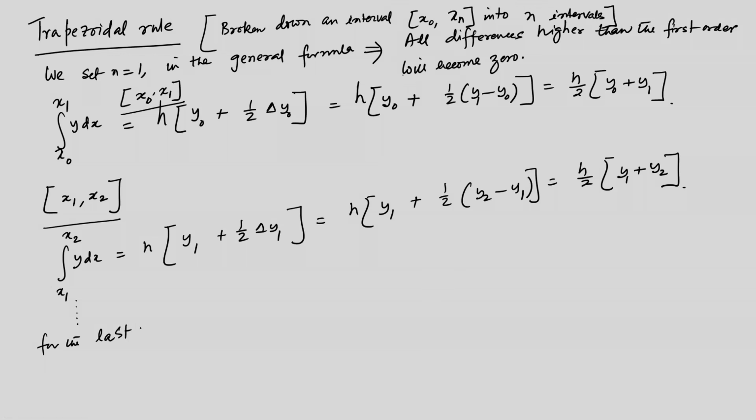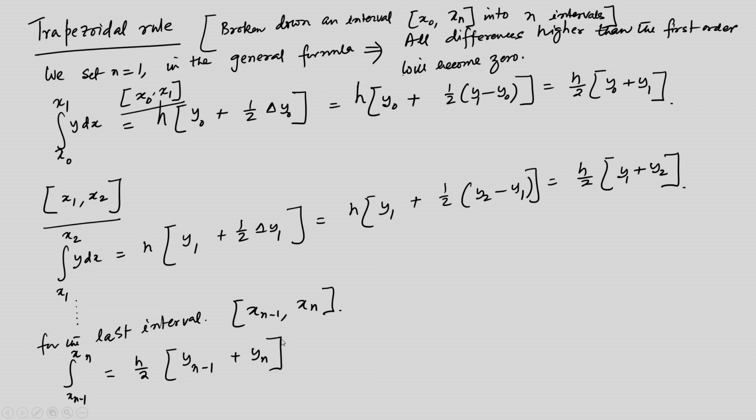For the last interval, which is x n minus 1 to x n, the integral is equal to h by 2 times y n minus 1 plus y n. If you take the contribution from all these integrals, you will see that only the first one, y 0, and the last one, y n, are counted only once, while all others are counted twice.